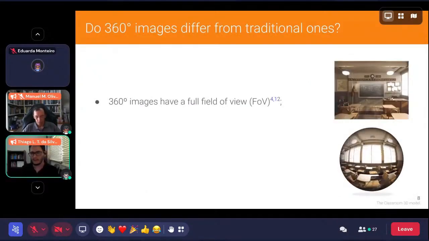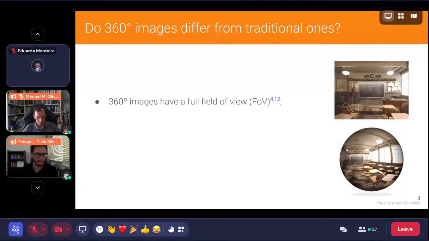So the first question that appears when we think a little bit more on spherical images is how it is defined and how it differs from what we will call here traditional images, or those images that were modeled as pinhole from pinhole cameras.